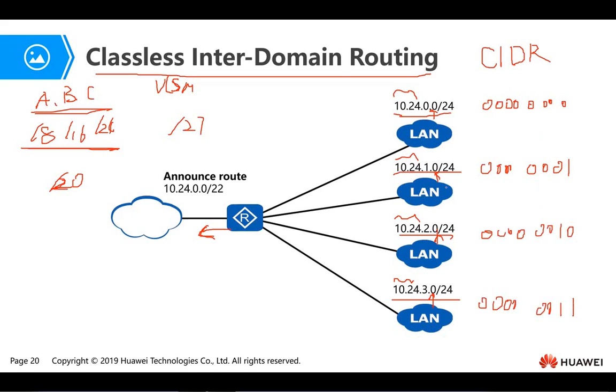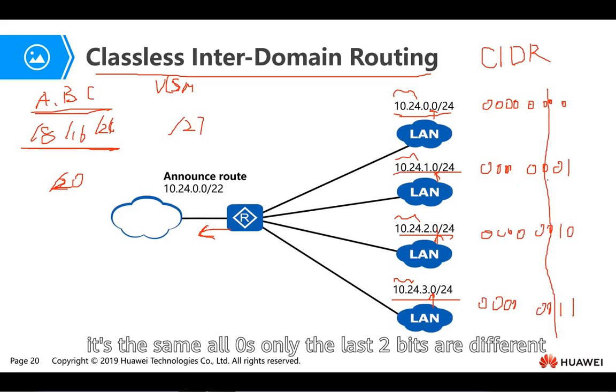We can see in the third byte, the first 6 bits are the same, all 0, and only the last 2 bits are different.